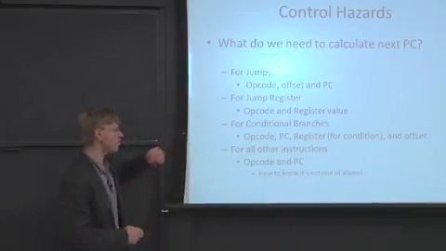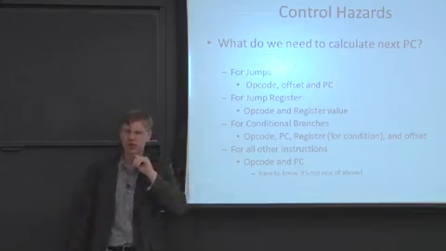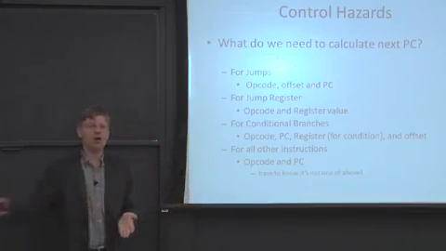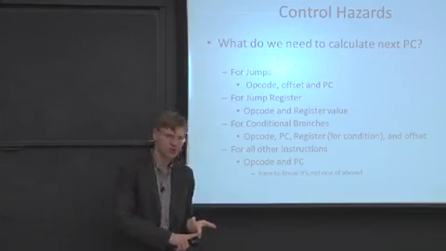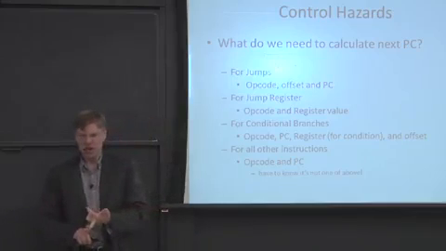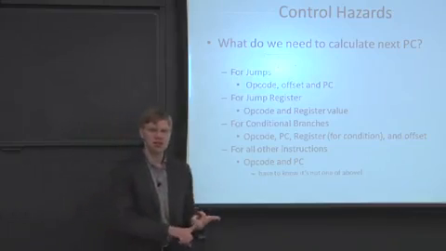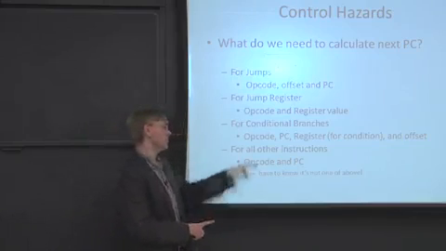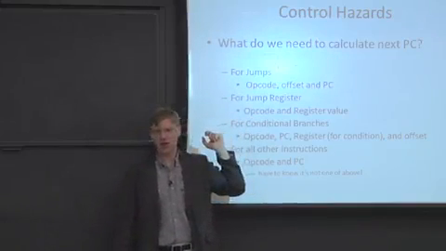Now, this gets a little more complicated when you look at jump register. With jump register, you don't know where you're going until you decode the instruction and fetch the information from the register file. Conveniently, at least you don't need to do some conditional calculation, but you will down here. We just have to look at the opcode to know that it's a jump register.